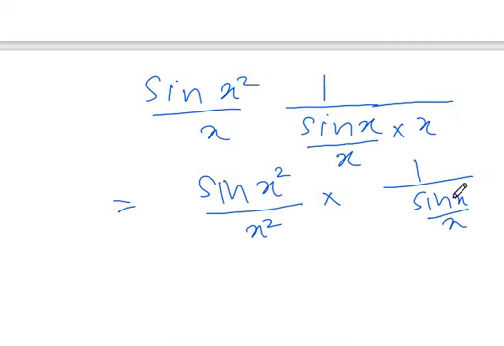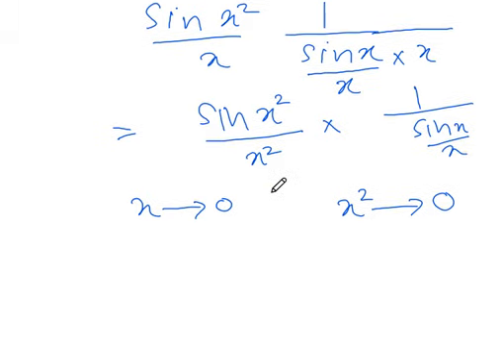We can apply that result for this thing, and here I think we can apply this one, because we know that as x tends to 0, it is clear that x squared also goes to 0, right? So if you draw a small graph, this is x squared and this is x. As x approaches 0, x squared also approaches 0. That's why we can write this.